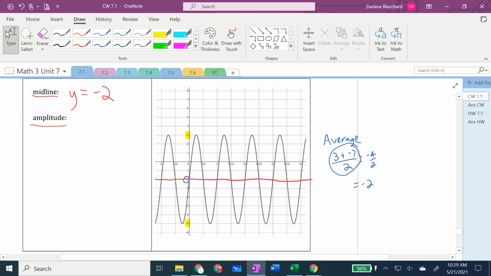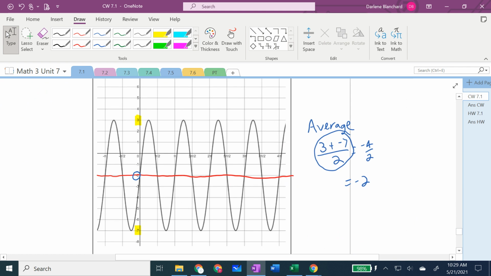The amplitude is the distance from the midline to the highest point, and it is the same as the distance from the midline to the lowest point. And what is that distance?